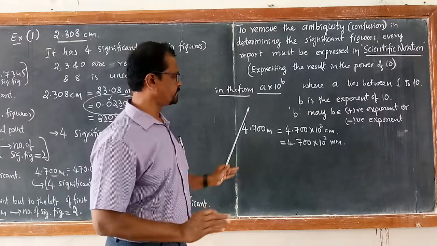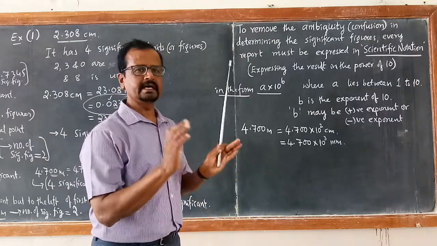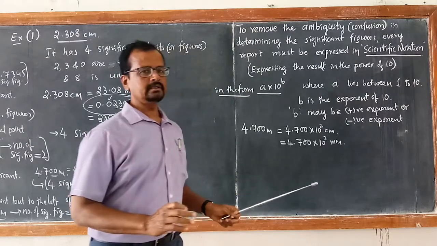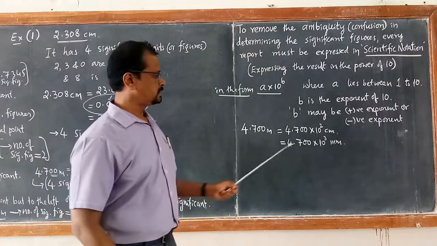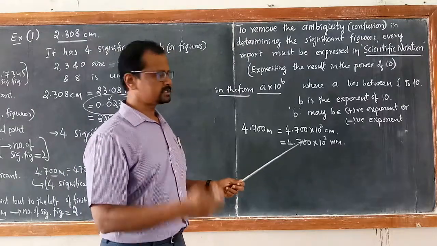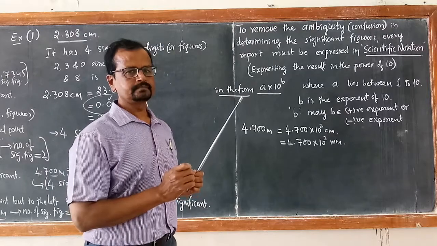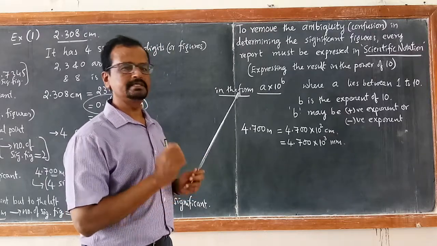Then only we can find out the significant figures exactly. The trailing zeros here are also significant because they tell us the precision, the resolution of the instrument that is used.